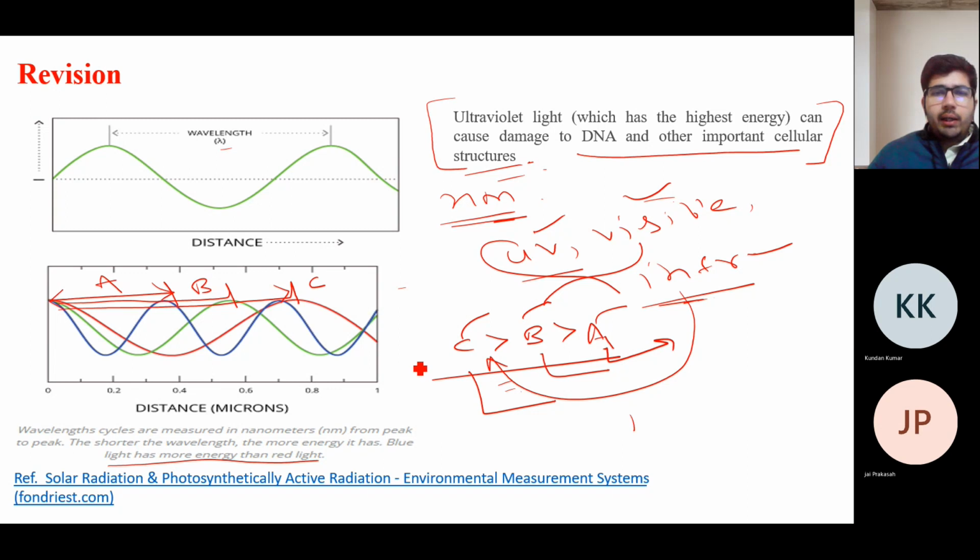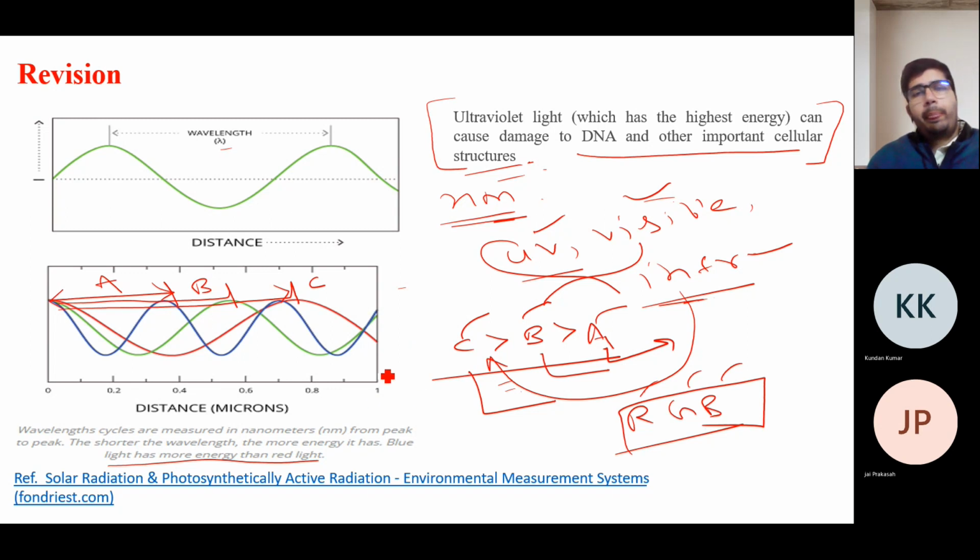I think you have heard about RGB: red, green, and blue. These are the colors from which different colors can be made.